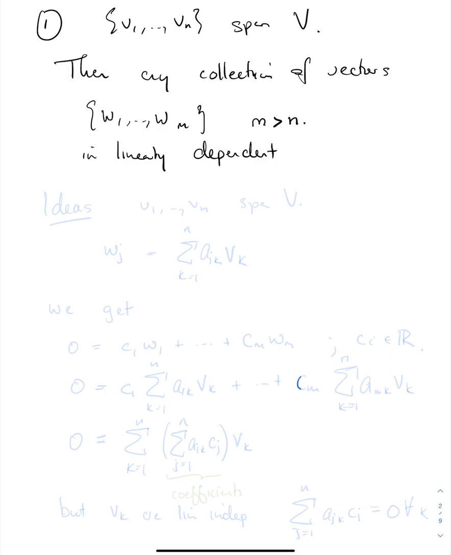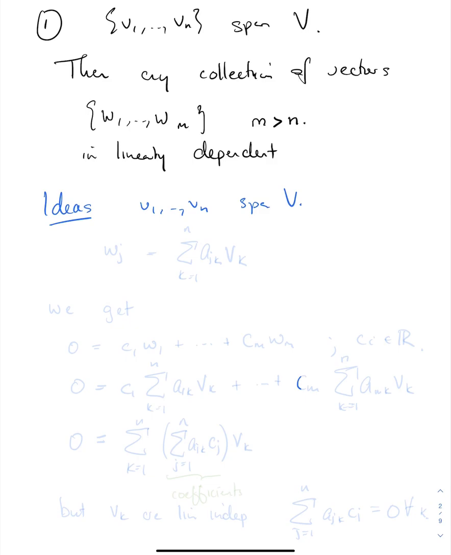For this theorem, we're not going to write down every single proof in excruciating detail, even though you can definitely reconstruct the proofs from what I'm about to say. For now, I'm going to give you the ideas of these proofs. So we've got V1 through Vn, and they span V, which means that all of the Wj's can be expressed in terms of the V's.